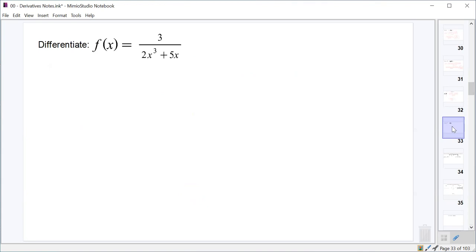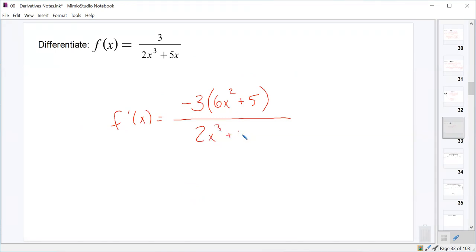The reciprocal rule says f prime of x ought to be negative c times the derivative of that function in the denominator, and the derivative of that would be 6x squared plus 5 using the power rule. And then we'll just divide that by 2x cubed plus 5x to the second power. That's it. And of course, if you use the quotient rule, you'll get the same answer. You'll just have to write a couple extra little steps.